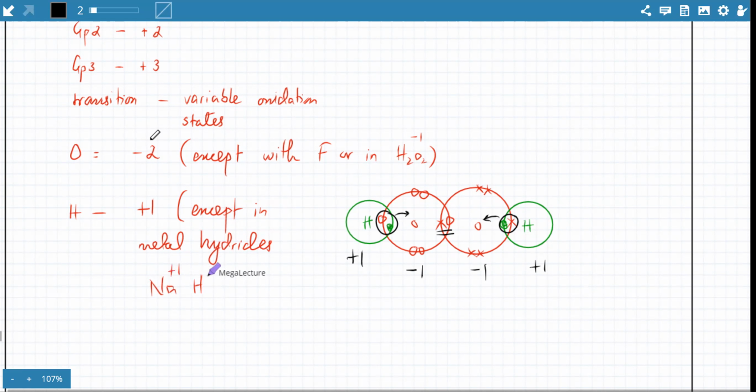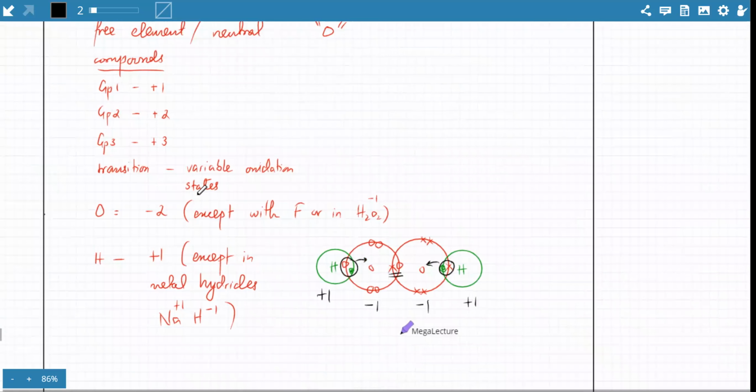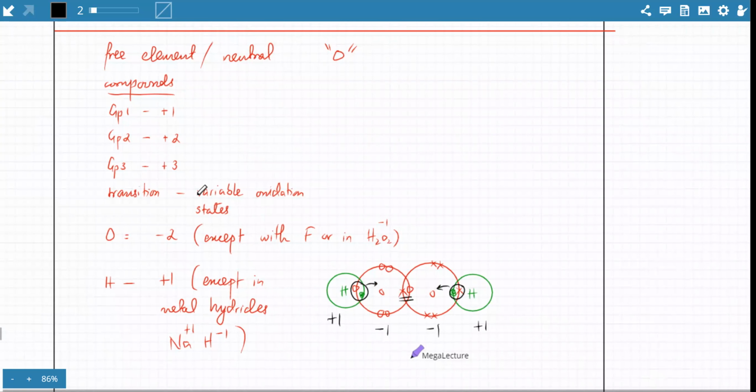It becomes +1 and H becomes -1. So, except in metal hydrides, H is always +1. Let me repeat: this is the table of oxidation states that you're going to use to figure out the oxidation states of all the other elements. Group 1 +1, group 2 +2, group 3 +3. Oxygen is always -2, apart from a few exceptions, and H is always +1, again apart from a few exceptions. Is this clear to everyone? Yes or no?